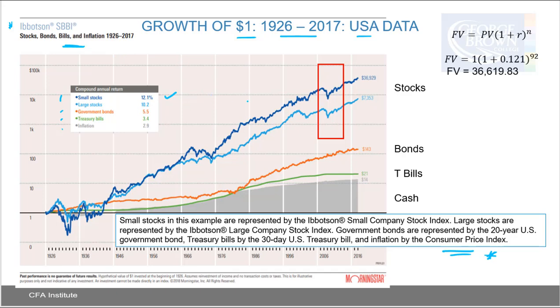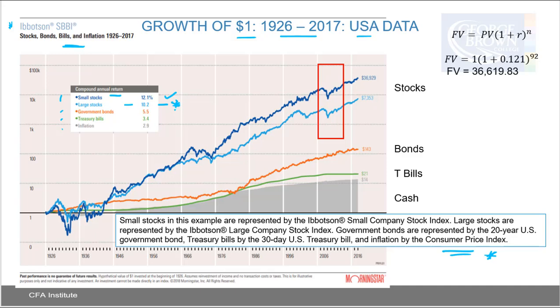So what it's showing here is that the compounded annual rate of return on small stocks from 1926 to 2017 has been 12.1%, okay? And on large stocks, 10.2%. And a lot of times when you talk about people's expectations in terms of investing in stocks, what your expected return is, you often hear 10%.